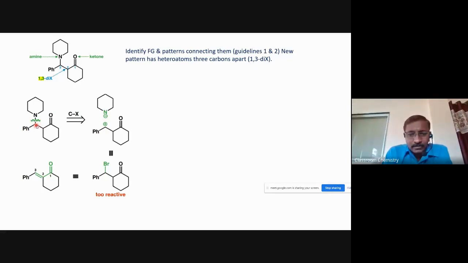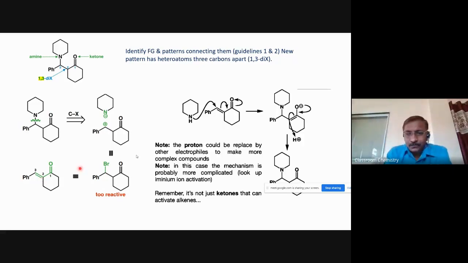And if you try to disconnect over here, then you can observe there is a Br, and this is obtained from the double bond. But it is too reactive. Okay. So when we carry out such a thing, the secondary amine, that is piperidine, in presence of an alpha beta unsaturated system, is very reactive, so we can get the corresponding product.